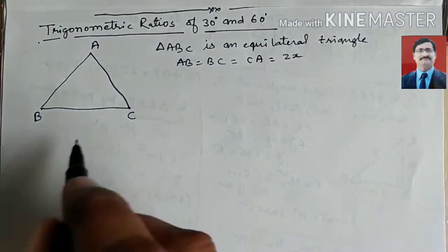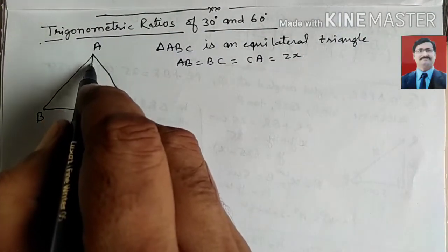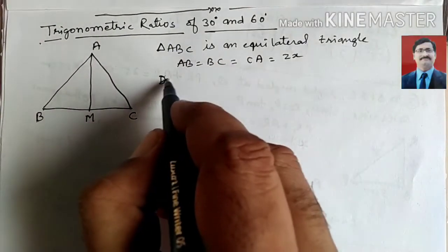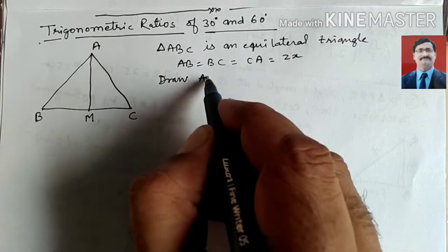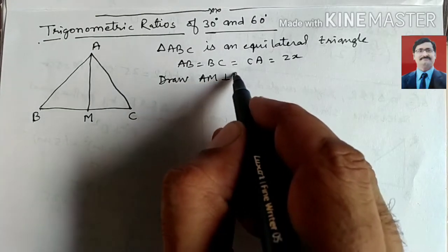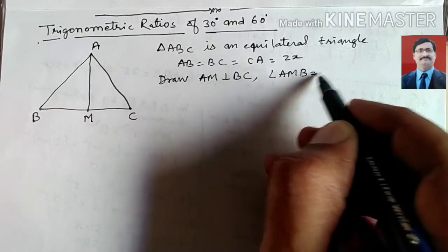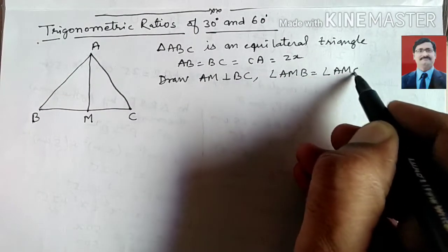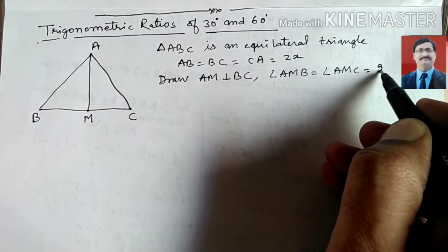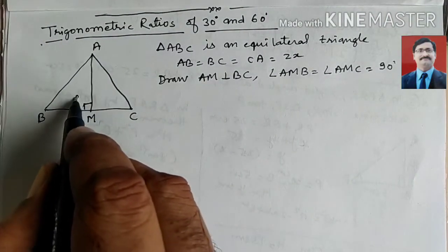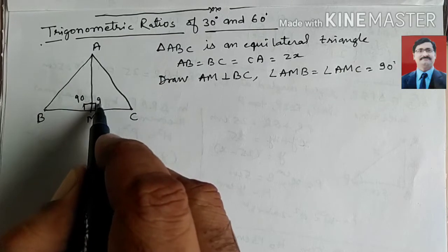Now you draw a perpendicular AM, that is, draw AM perpendicular to BC. So angle AMB, or angle AMC, equals 90 degrees. You can mark here that both these angles are 90 degrees.